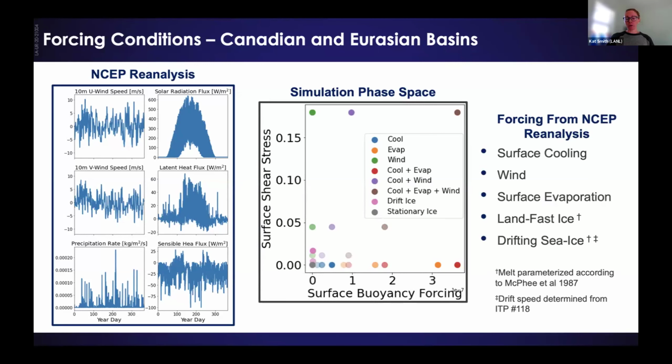I just want to point out that for both of the ice cases, we use a melt parameterization according to McPhee et al. 1987. So I'm not including any thermodynamic feedbacks. There are no internal stresses, anything like that. So it's relatively simplistic. And then the drift speeds for the sea ice work came from the ITP tracks.